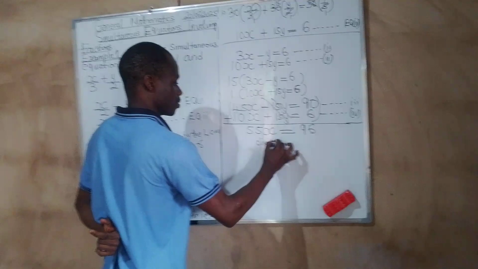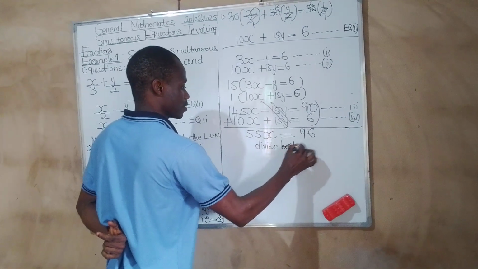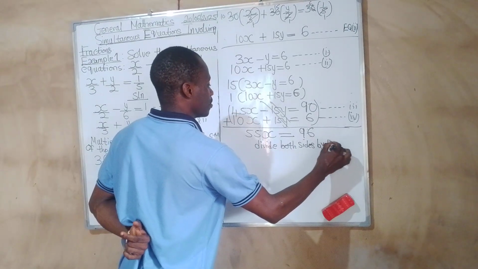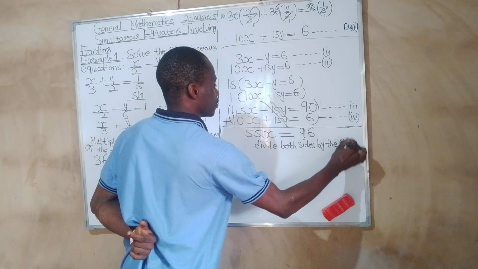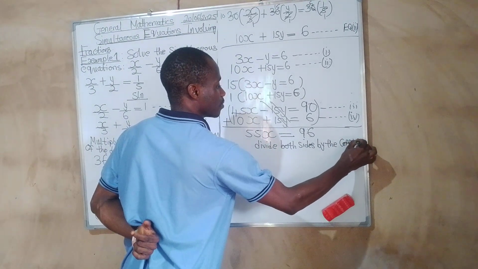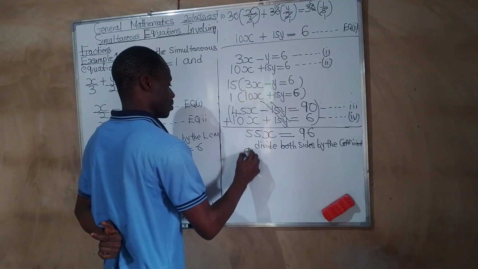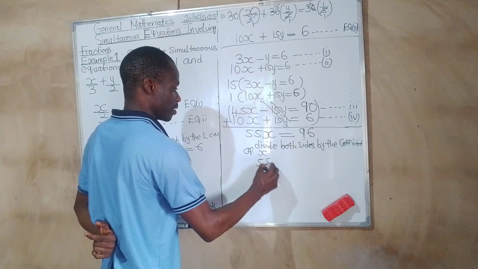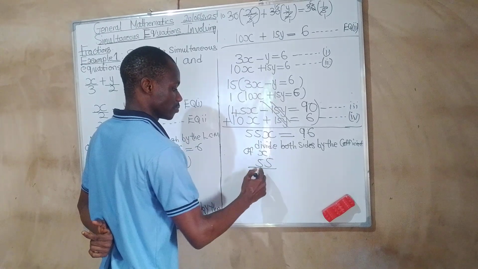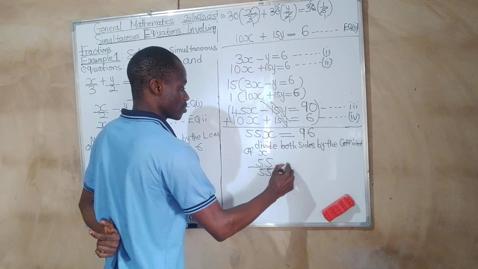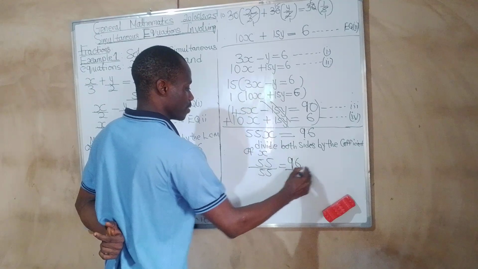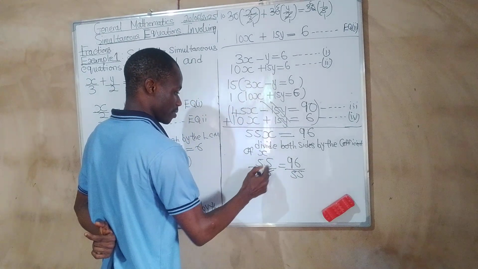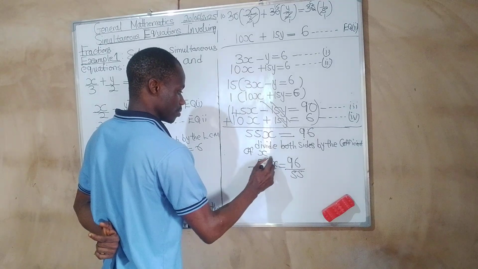So we now divide both sides by the coefficient of x. The coefficient of x is 55, so we say 55x over 55 equals 96 over 55.